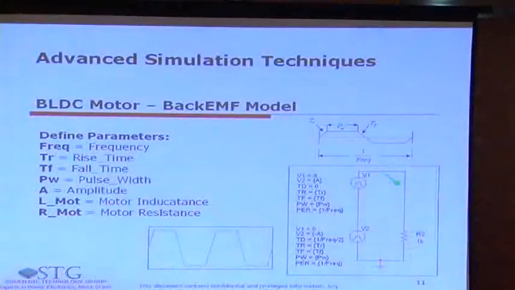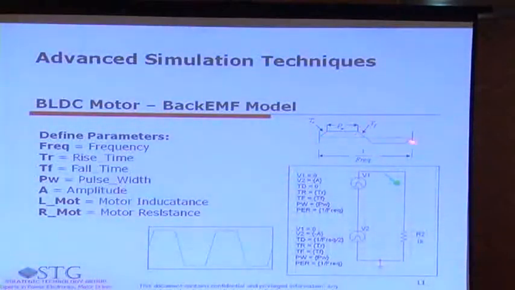It makes it easier to change things and rerun simulations. So that's what we have done here. You can see that we join these two voltages together to form essentially the complete PWM back EMF signal.